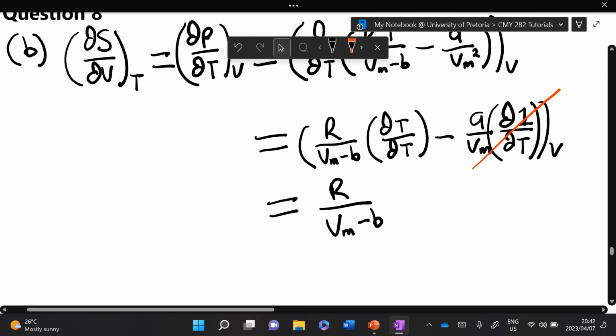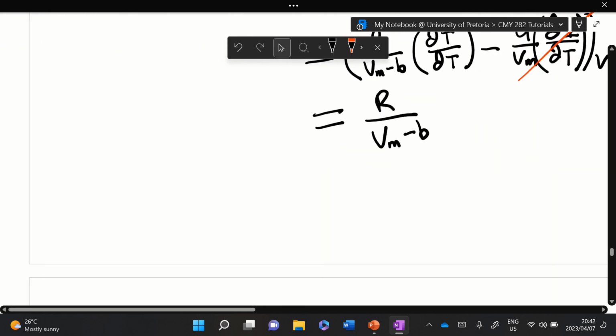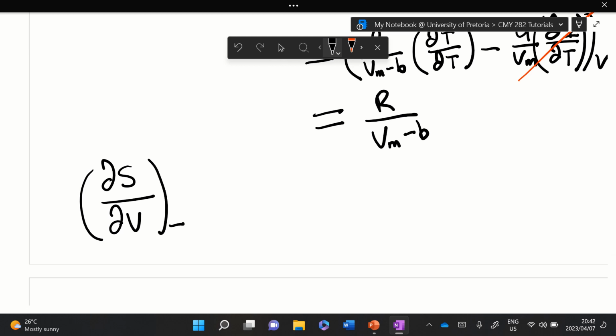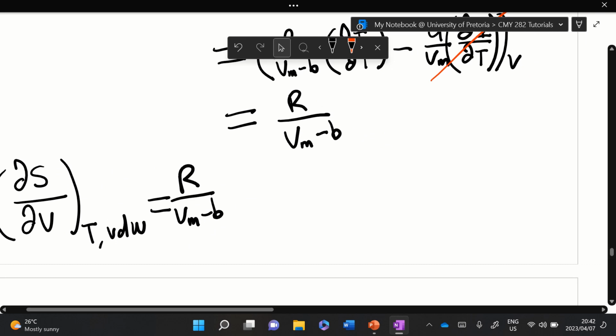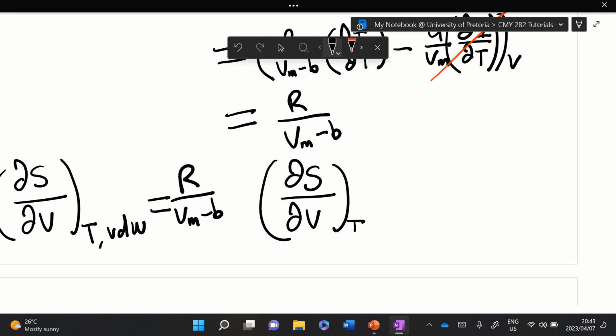Okay, so just to summarize, (∂S/∂V) at constant T for the van der Waals gas is equal to R over Vm minus B, and (∂S/∂V) at constant T for the perfect gas is equal to R over Vm.